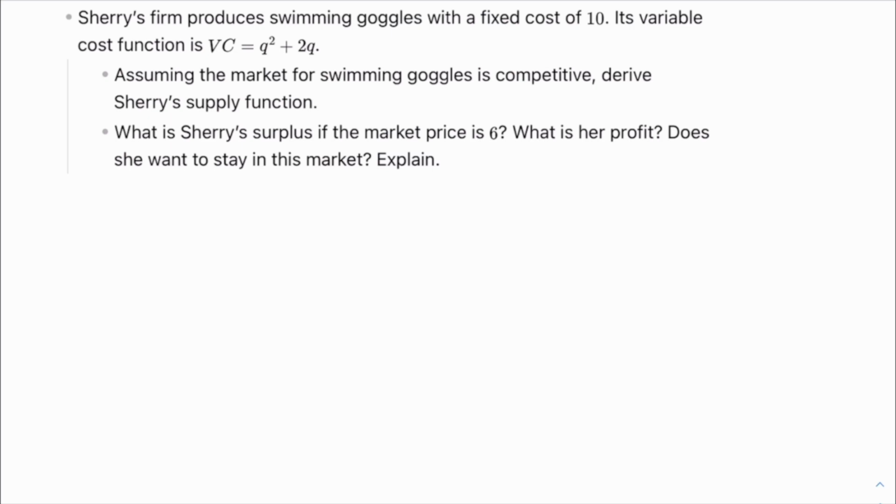In this case, the fixed cost is 10. First of all, what we are going to see is total cost. What is the total cost? Total cost is composed of the fixed cost plus variable cost. In other words, 10 plus q squared plus 2q, as given above.